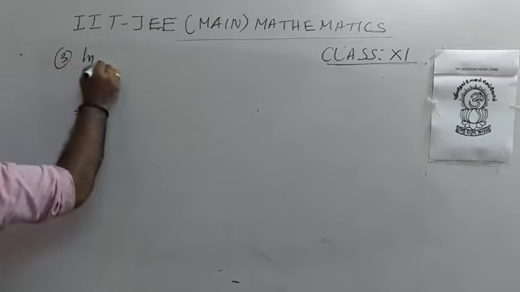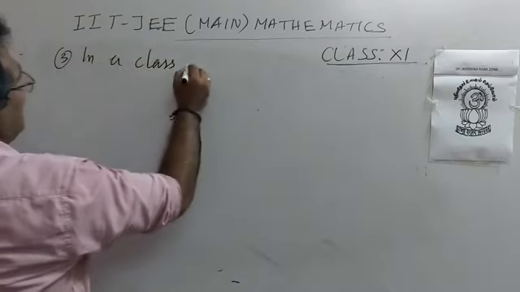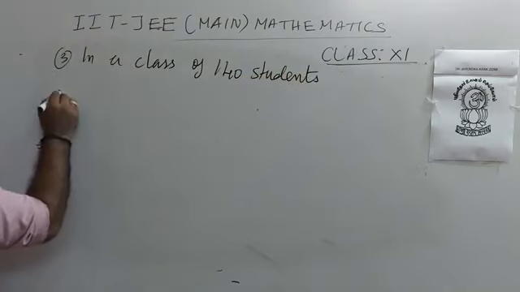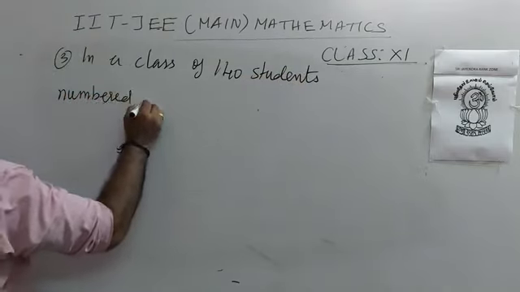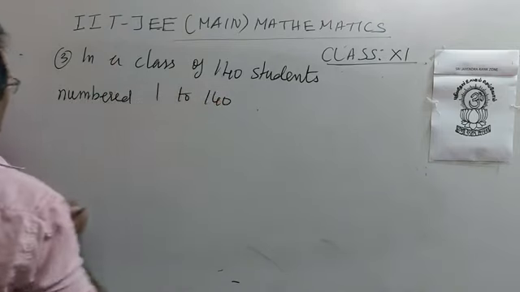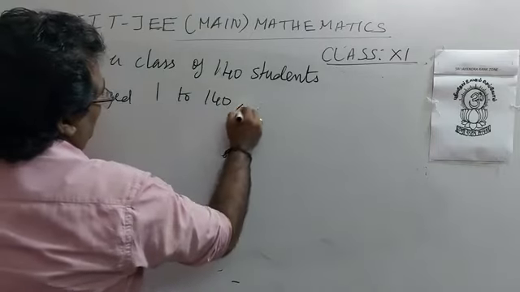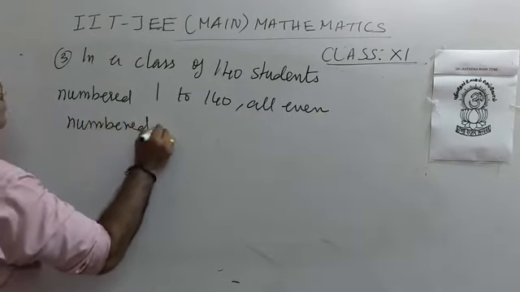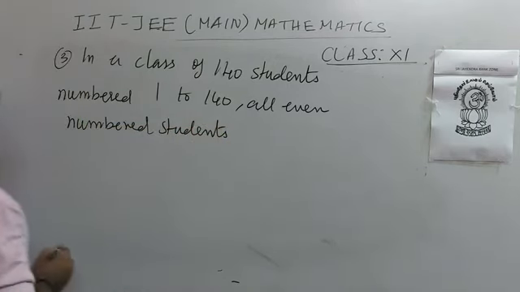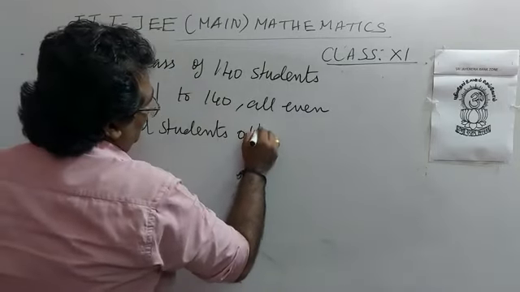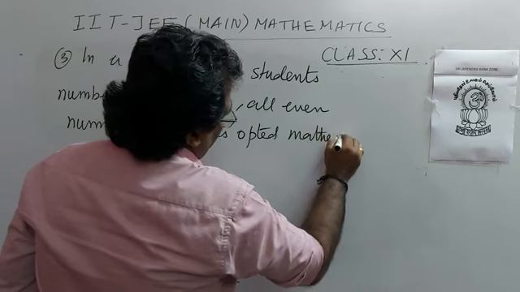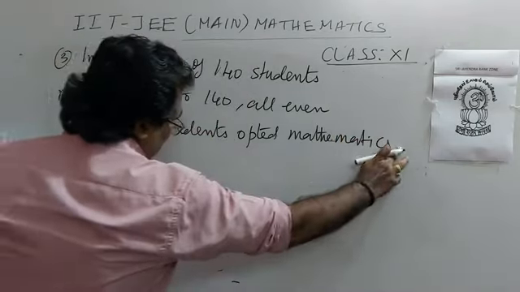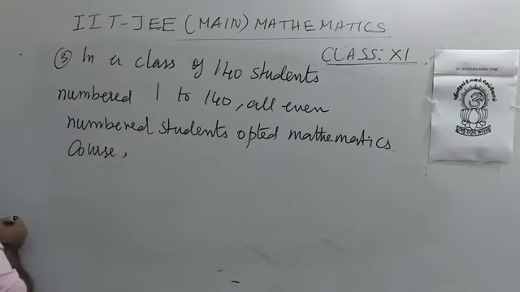Next sum. In a class of 140 students, numbered 1 to 140, all even numbered students opted for the mathematics course.